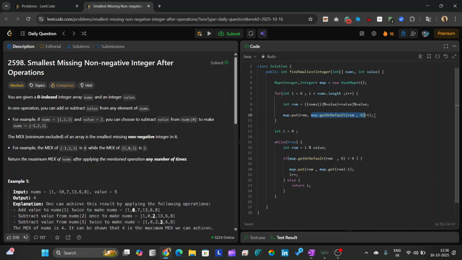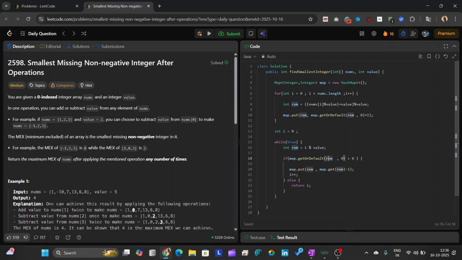After calculating the frequency, we start finding our value, which is the non-negative minimum value not having a frequency. For that particular value we need to calculate the remainder and check whether that remainder has zero frequency.